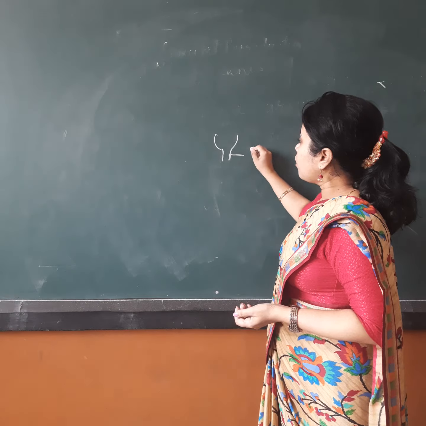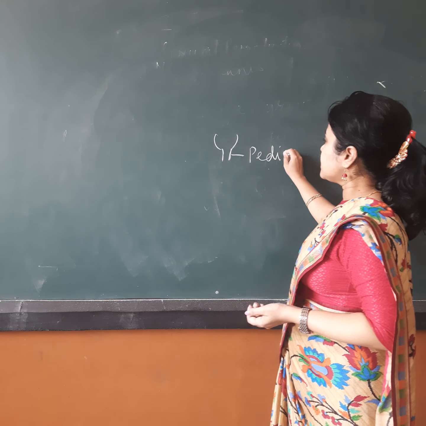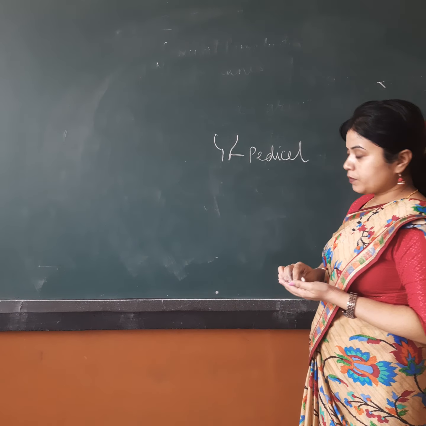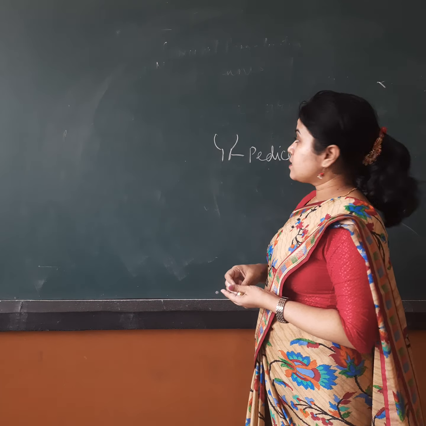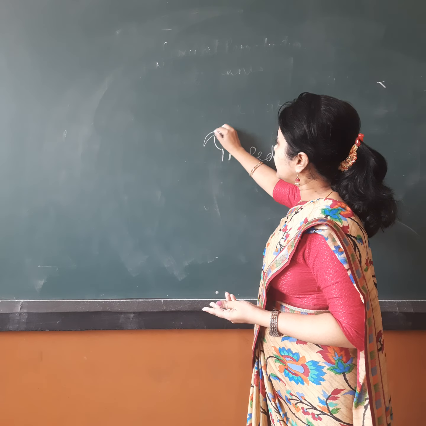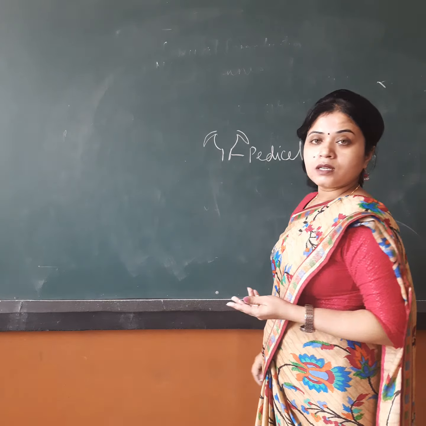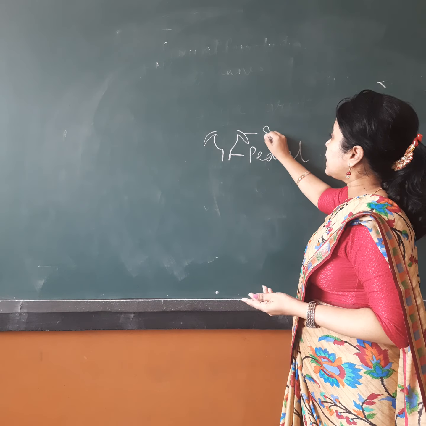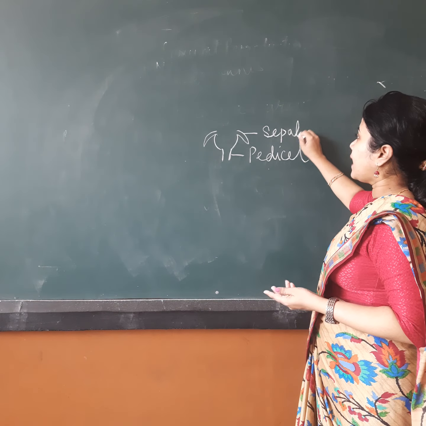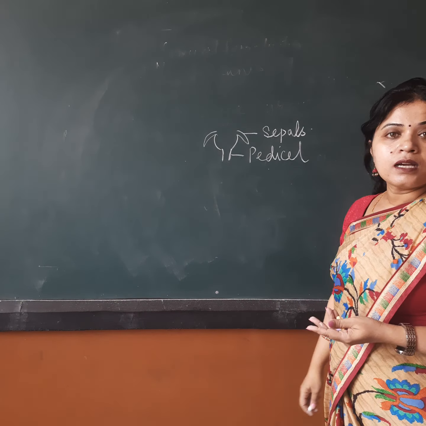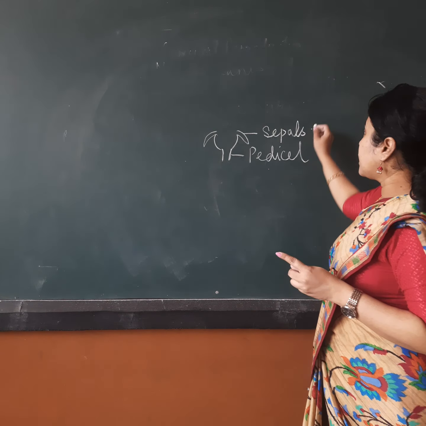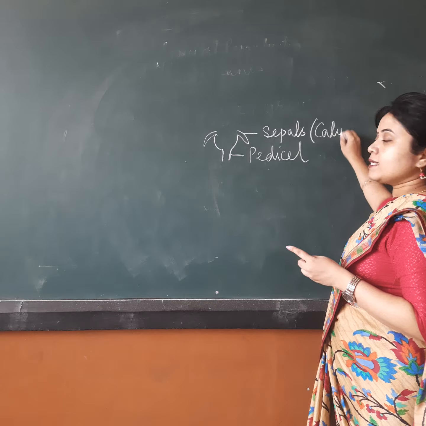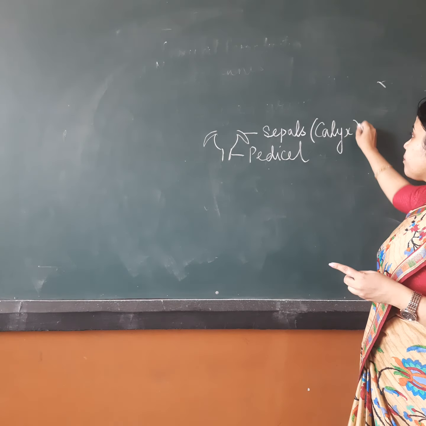This stalk of the flower is called as pedicel, and after the pedicel it is having small green colored structures. These small green colored structures are called as sepals. A group of sepals together, you call it as calyx.